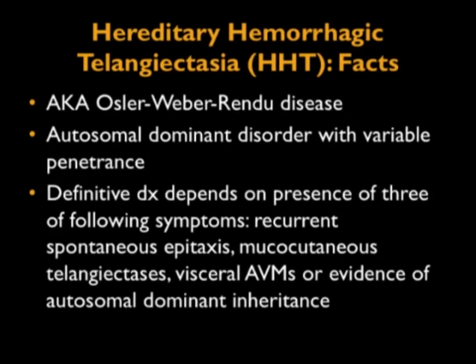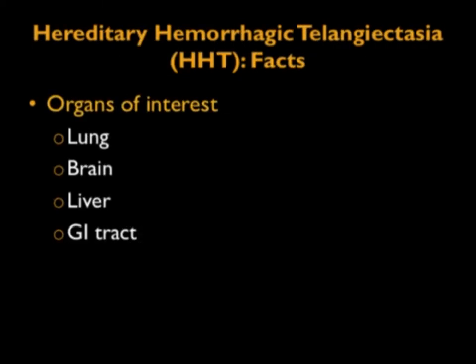Osler-Weber-Rendu disease is also known to be autosomal dominant with a variable penetrance. And again, the definitive diagnosis requires 3 findings: recurrent spontaneous epistaxis, mucocutaneous telangiectasias, visceral AVMs, or evidence of autosomal dominant inheritance. I mentioned there are 4 areas of key involvement.